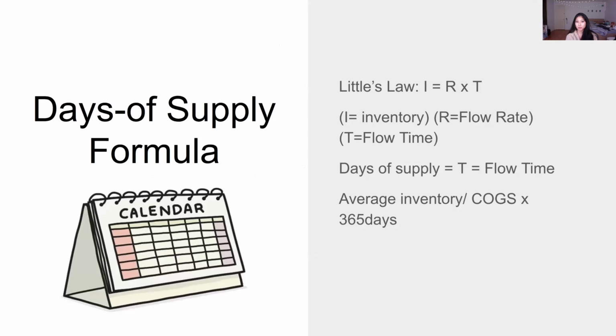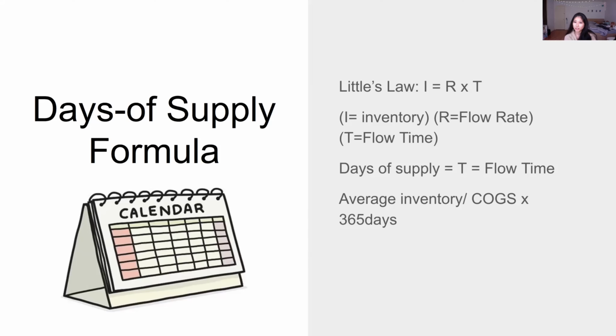So the days of supply formula, like we learned earlier, Little's law can be applied to many different things, but I'm just going to go over it again first. Little's law can be interpreted as inventory equals the flow rate times the flow time.